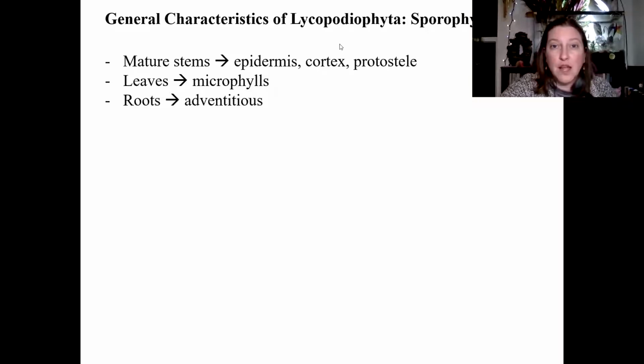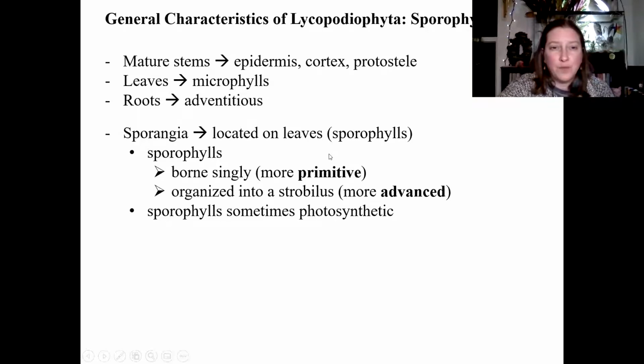Other terms we learned last time: microphyll. Phyll means leaf, micro refers to reduced, small size. They have a single vein. And the roots are adventitious. We covered that last time too. That's just kind of a refresher.